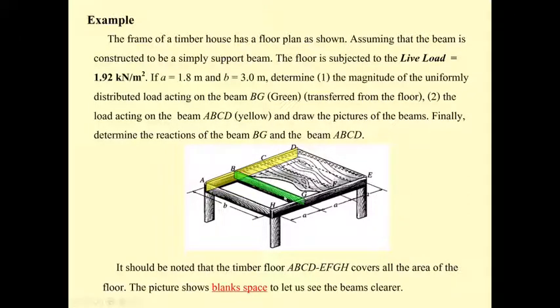Okay, I am supposed to make a note again about the blank of the floor over here. They are intended just to show us the whole structural framing of this. In actuality, the floor is going to cover all the area here.